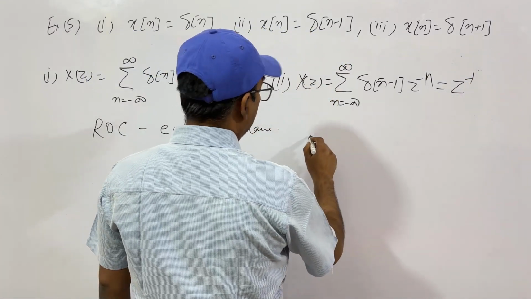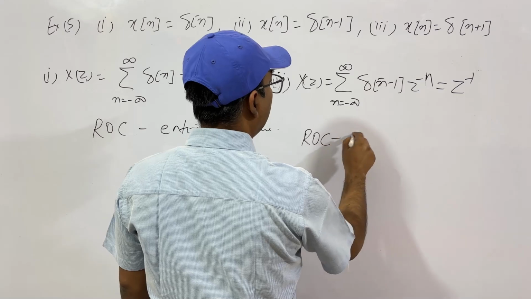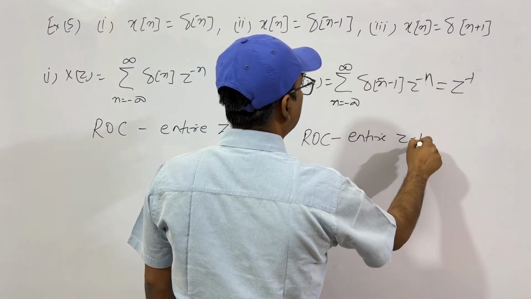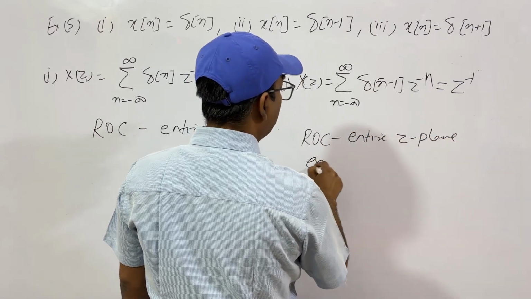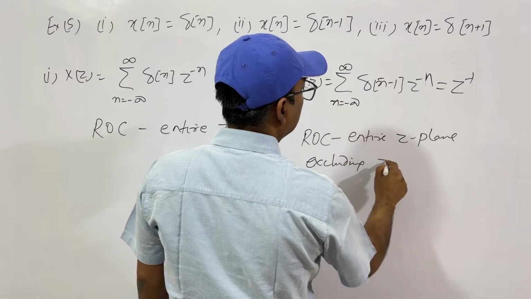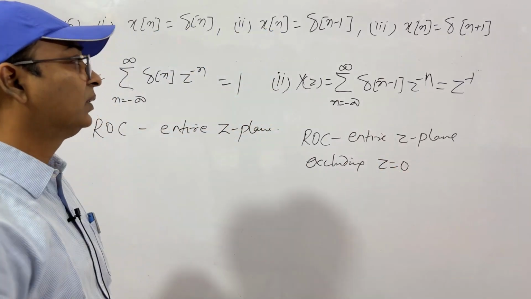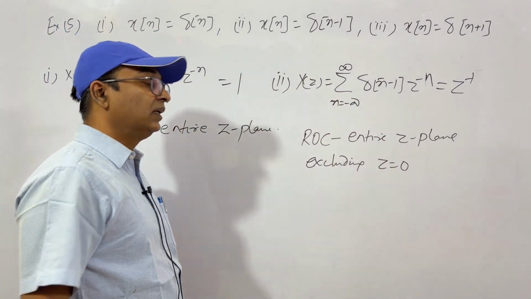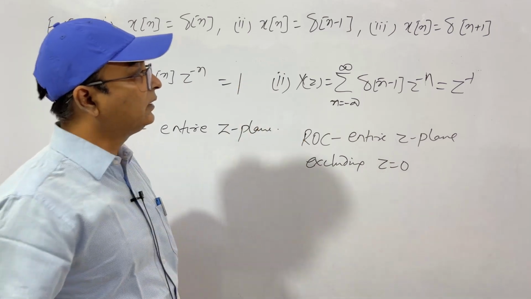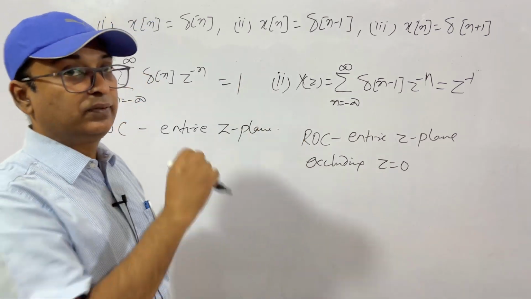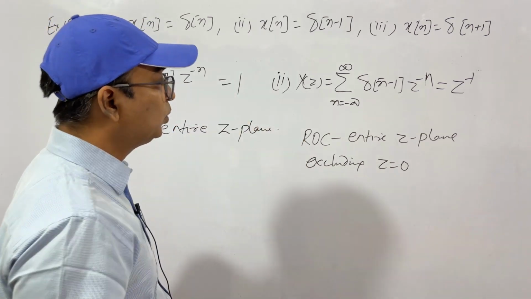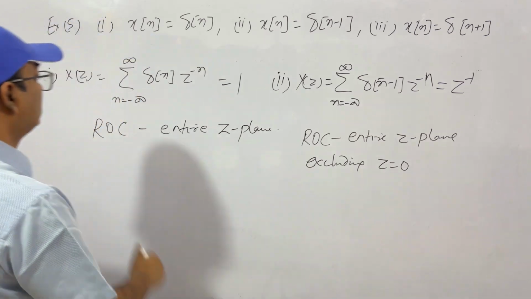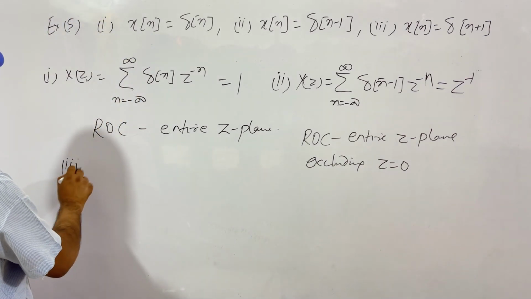This means the region of convergence will be the entire z plane excluding z equal to 0. Why? Because at z equal to 0 the function will be infinity, that is, it has a pole at z equal to 0. When the function is infinity, that is the pole. So clear?